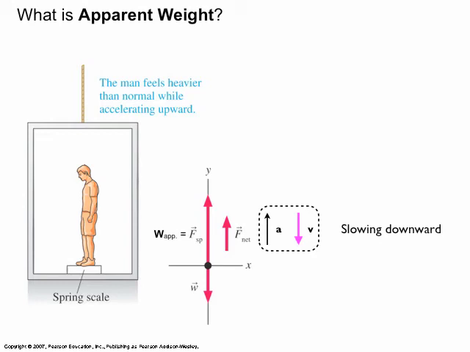The object is going down, so there has to be a greater push or pull, in this case from the spring, a greater push from the spring upwards on the man to slow him on his way down. So his apparent weight is still greater than his gravitational weight, but in this case, from exactly the same force diagram, but being told the motion is downward, he feels heavier because he's slowing on his way down.